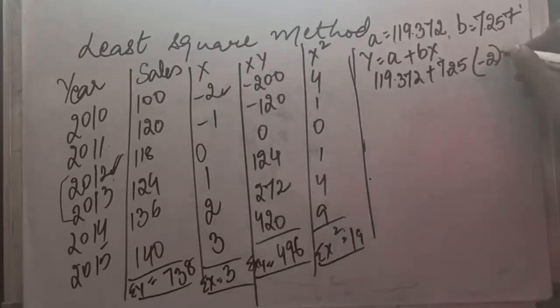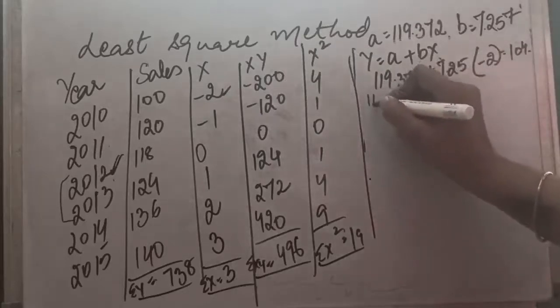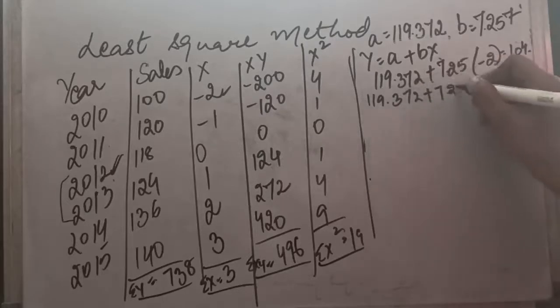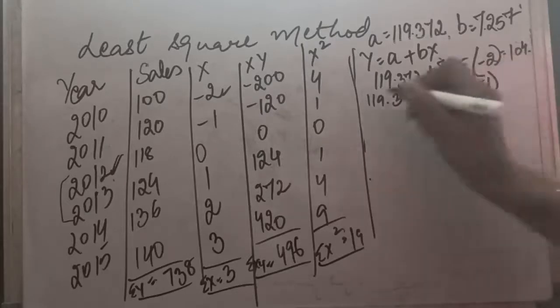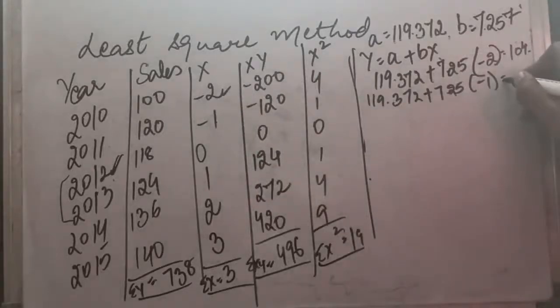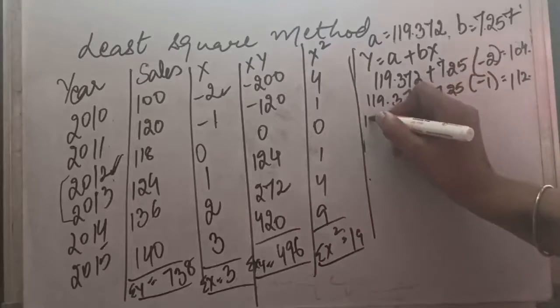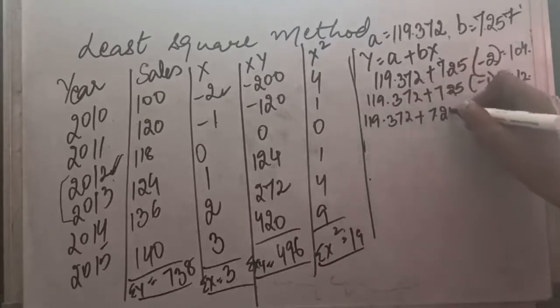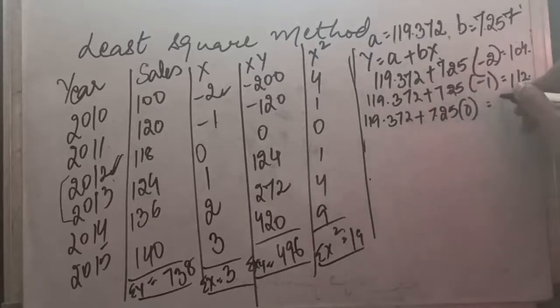When we solve it, it will be 104 point something. For the next year, 119.372 plus 7.25 times minus 1, as x is minus 1 over here. While solving, it will be 112 point something. In the third year, 119.372 plus 7.25 times 0, so it will be 109.3 something.